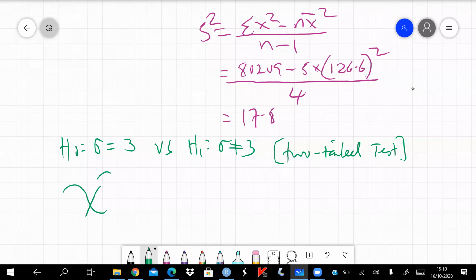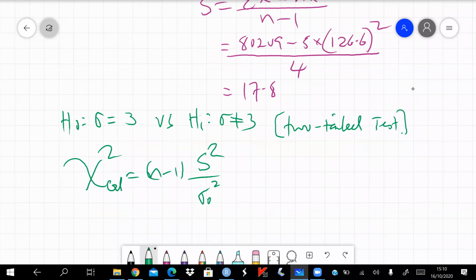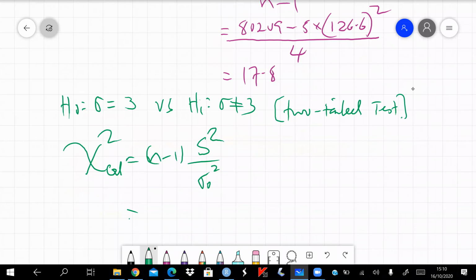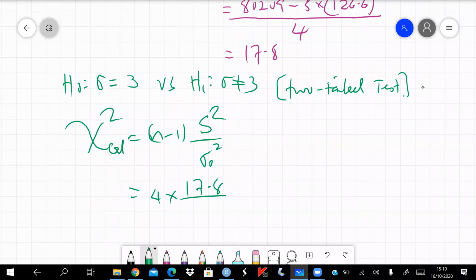So the chi-square calculated value will be given by n minus 1, then S squared divided by sigma naught squared, where our n is 5, so this will be 4 times 17.8 divided by sigma naught squared.